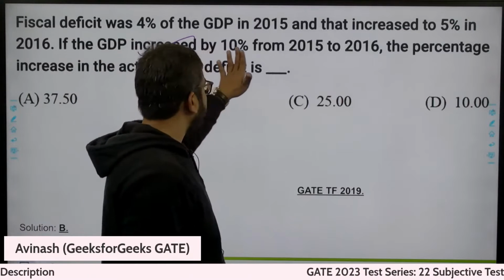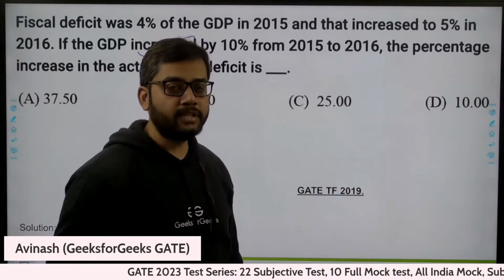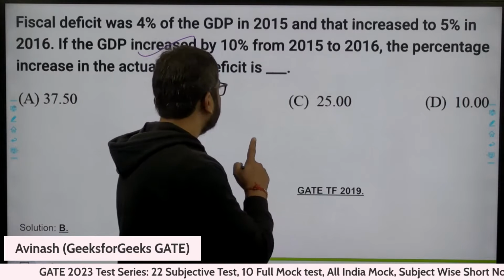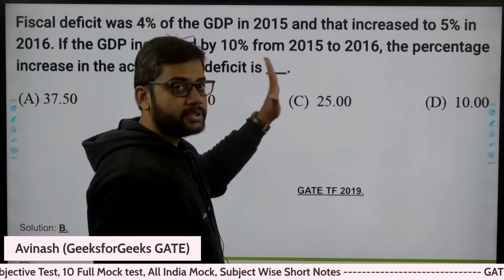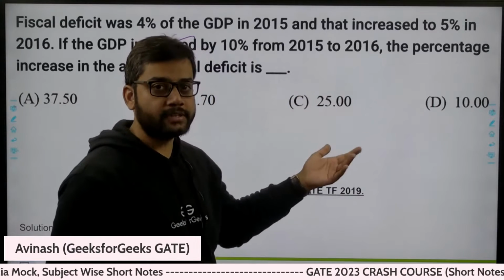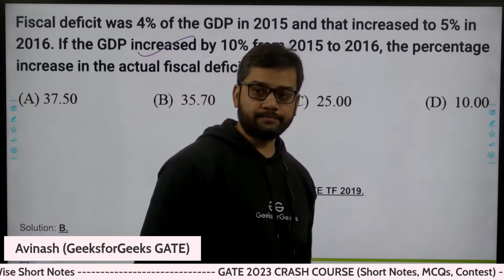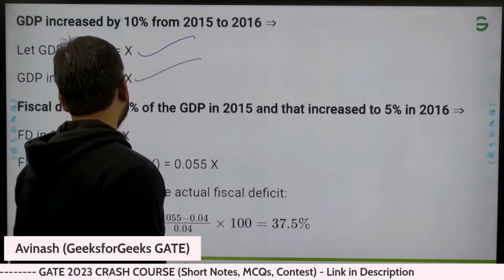GDP increased by 10% from 2015 to 2016. So in 2015 it is X, and in 2016 it is X plus 10% of X, so 1.1x.